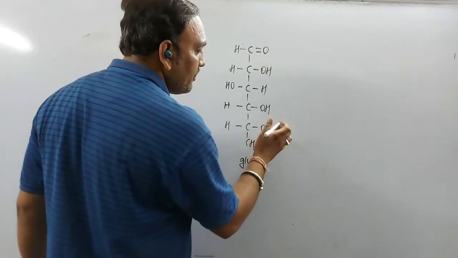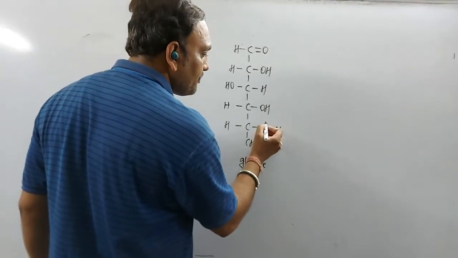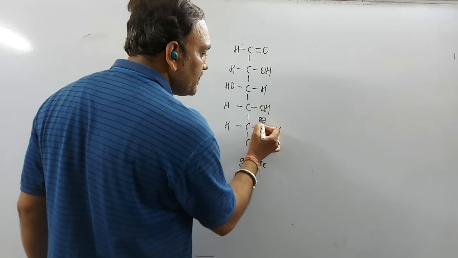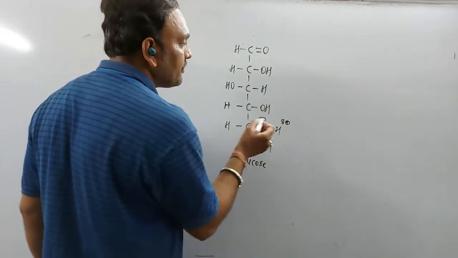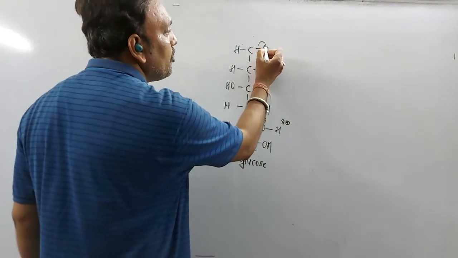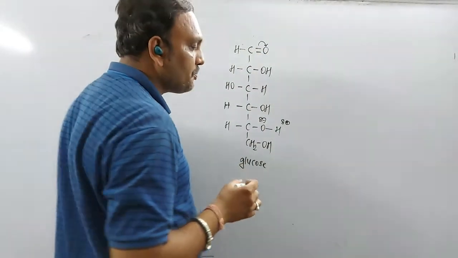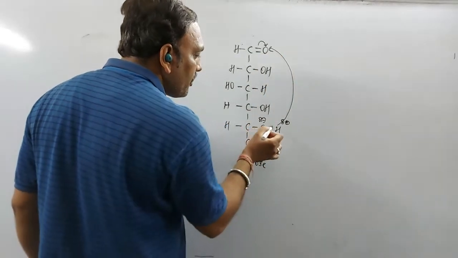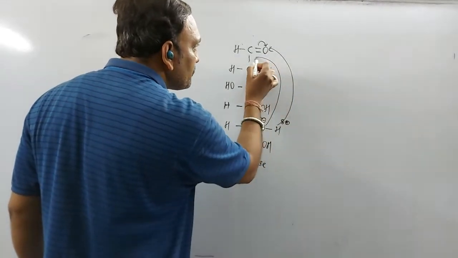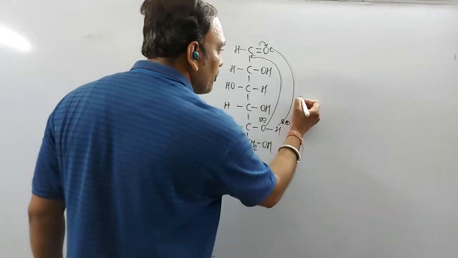So here one can write OH in this manner. Oxygen is electronegative, so charge separation can be shown in this manner. We know that the carbonyl group is polar, so this OH group on the fifth carbon of glucose gets added to the carbonyl group.